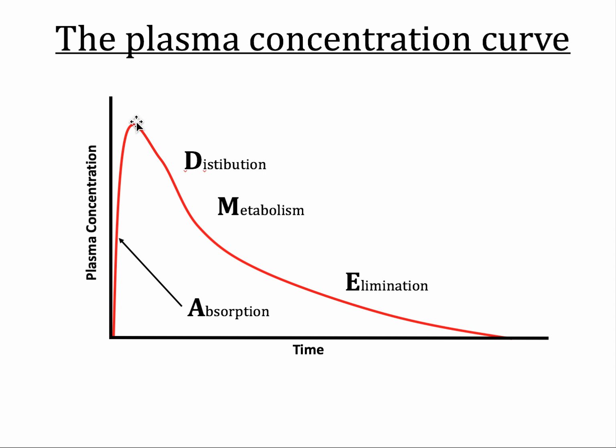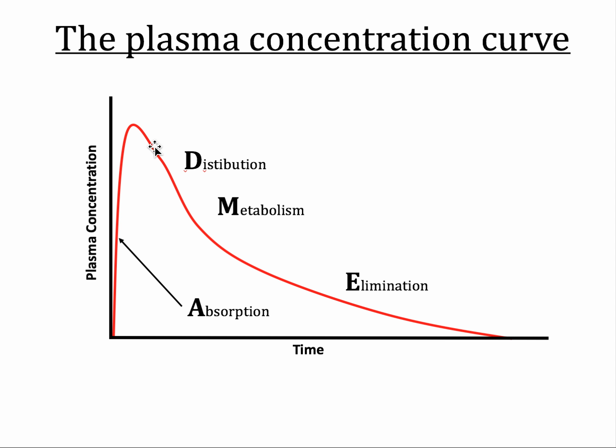After a certain amount of time, this peak here is known as the Cmax, and in most drugs, for example gentamicin and antibiotics, they usually take about an hour. So this is the Cmax, the maximum concentration.